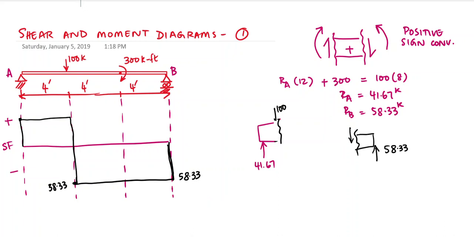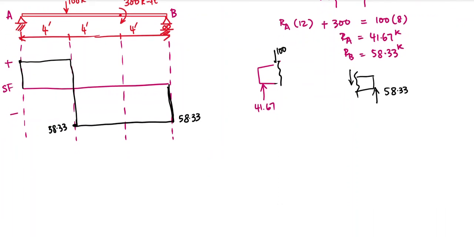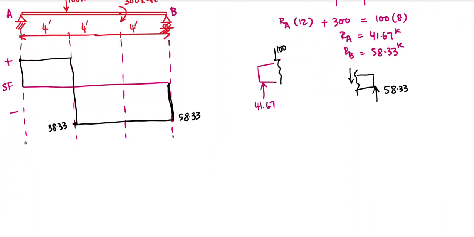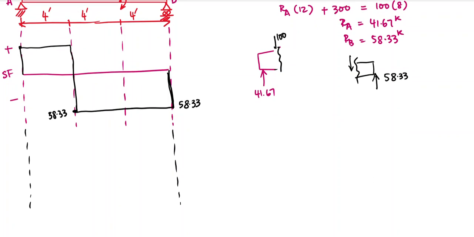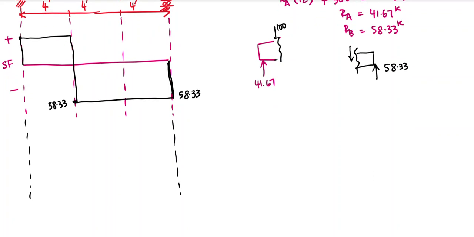Bending moments, we can consider to be the area under the shear force, and then basically go from left to right as we do. So extend this down to draw the bending moment diagram. You can come all the way down here.